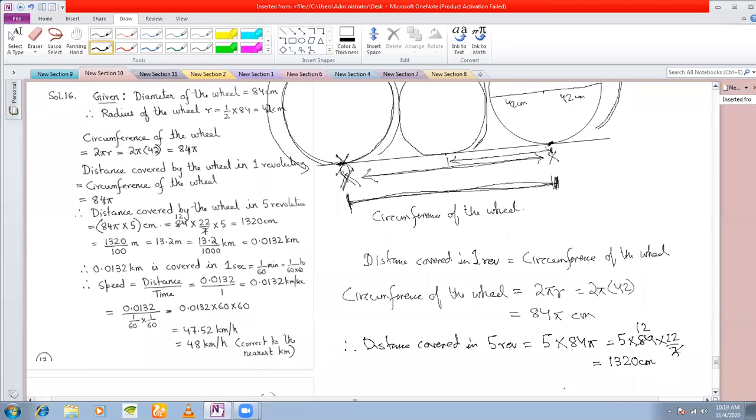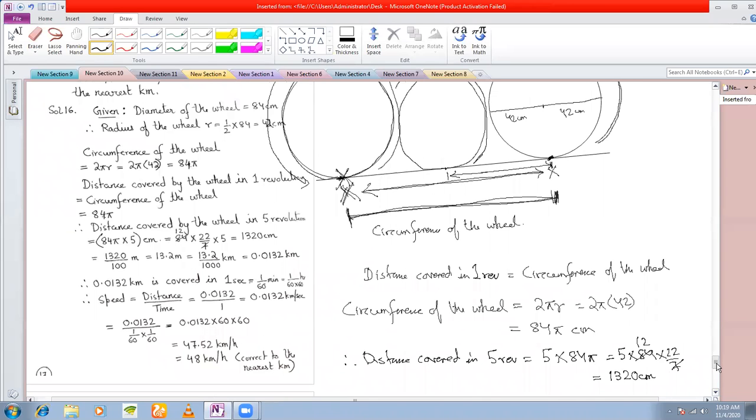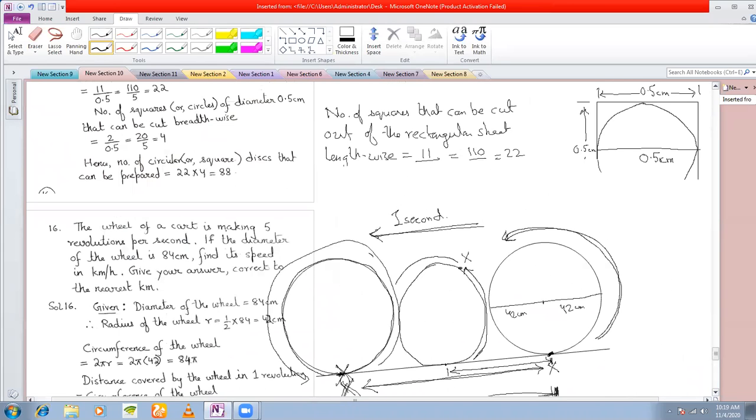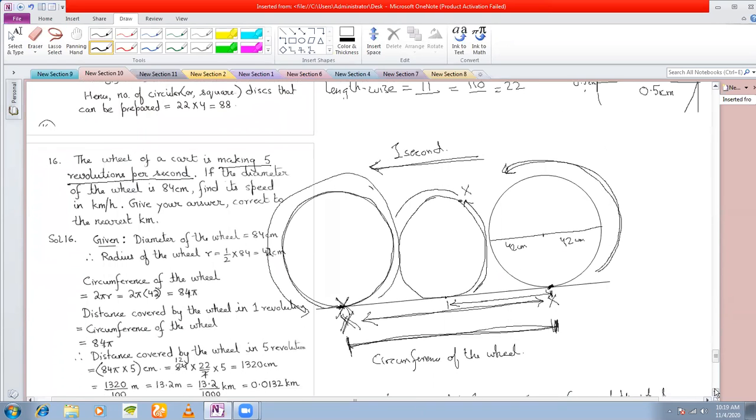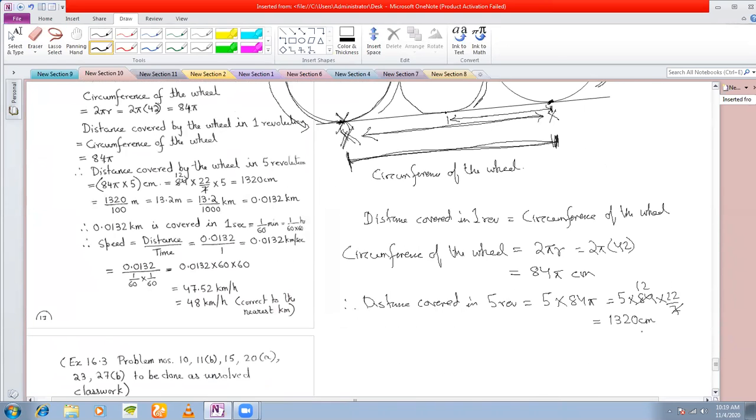This is the distance covered in how much time? It is making 5 revolutions in 1 second, and the distance covered in 5 revolutions, as you have calculated, is 1320.